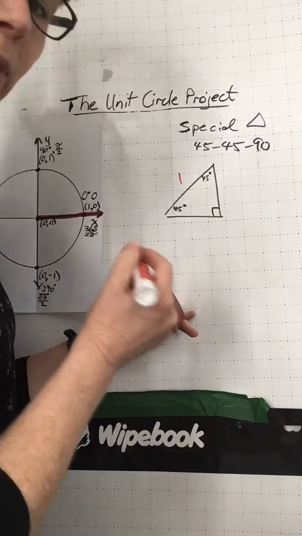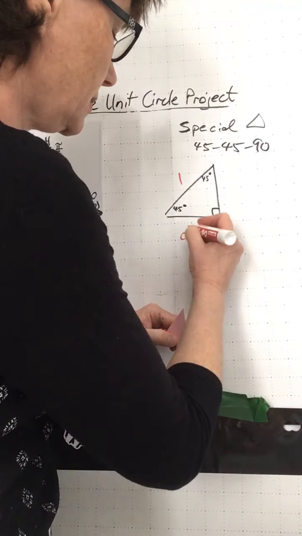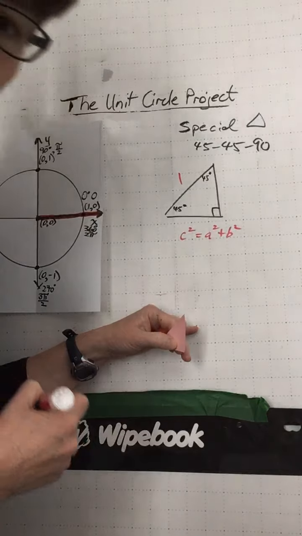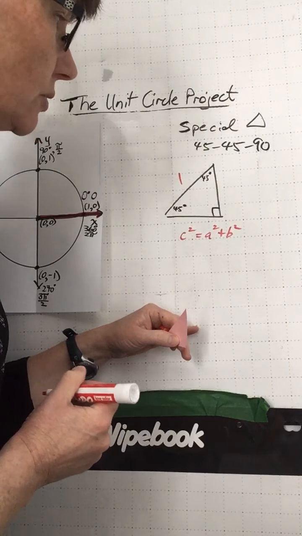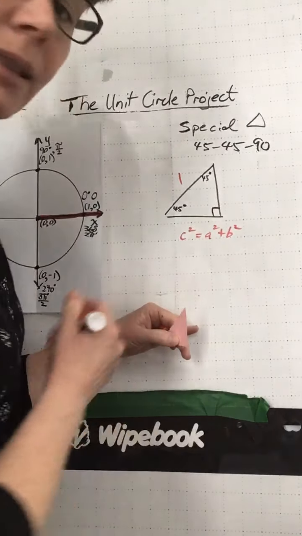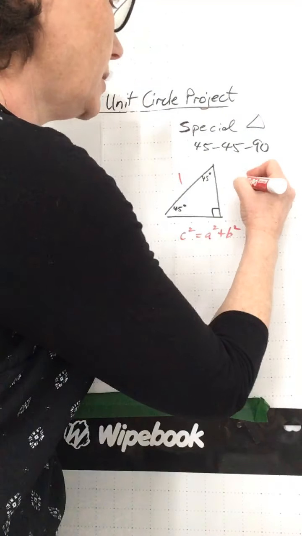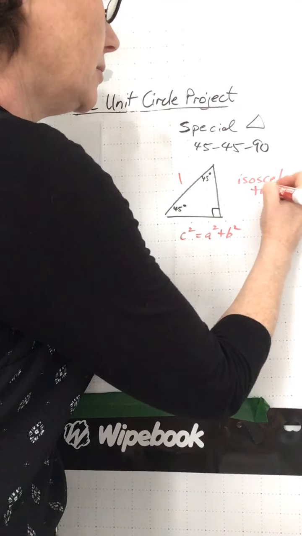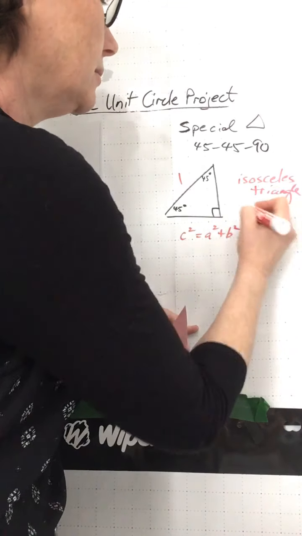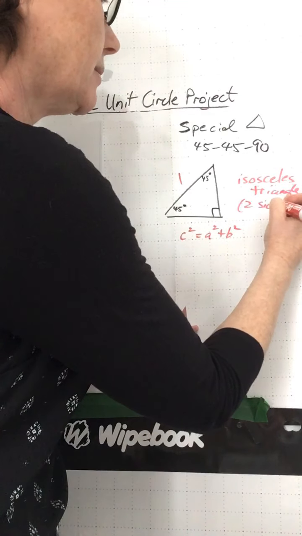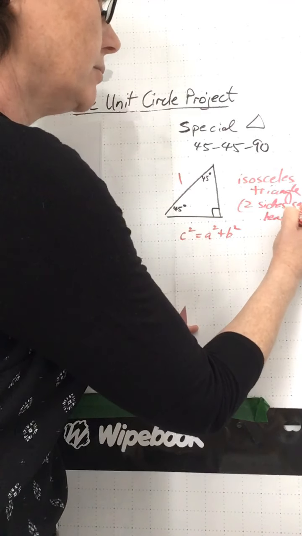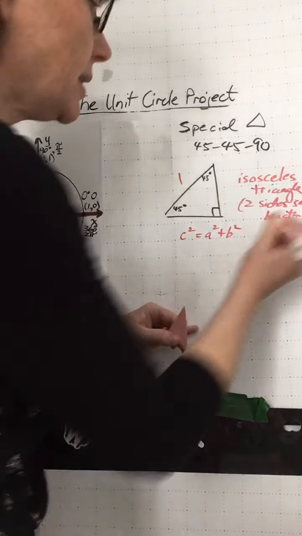Okay, so we could use the Pythagorean theorem, c squared equals a squared plus b squared, to figure out the lengths of these other 2 sides of the triangle, because it's an isosceles triangle, which means 2 sides the same length, which also means that there's 2 angles that are the same size.